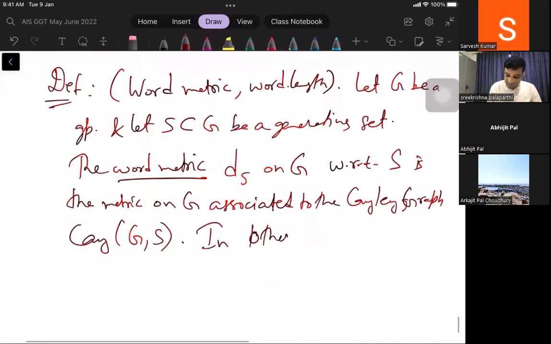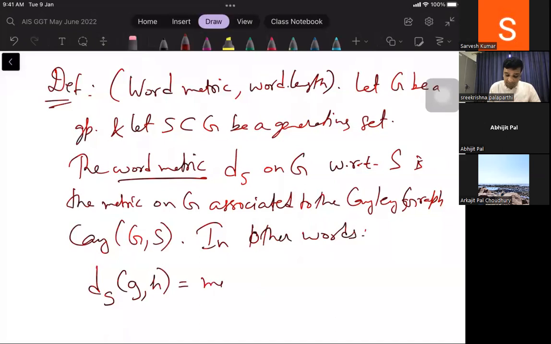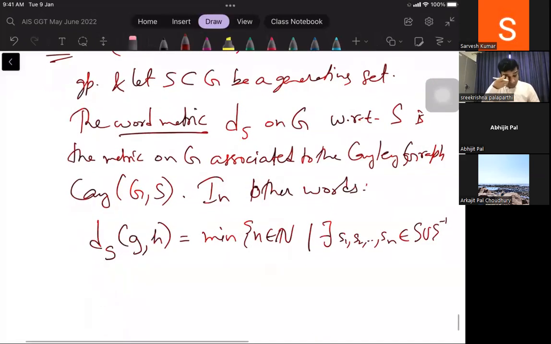In other words, it's also the following: the distance with respect to S between two elements of the group G and H is the minimum of n such that there exist S1, S2, so on until Sn in the set S union S inverse, such that G inverse H is the product.